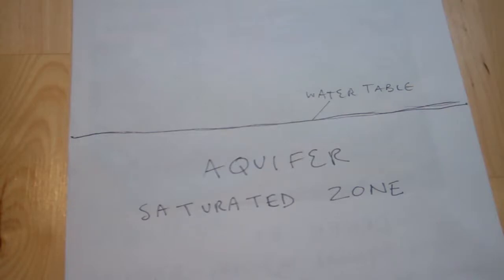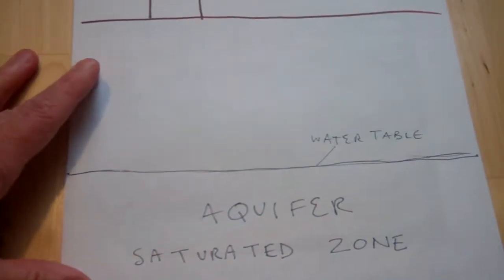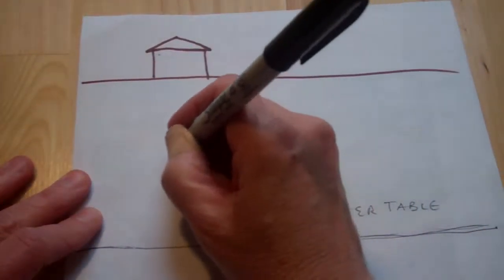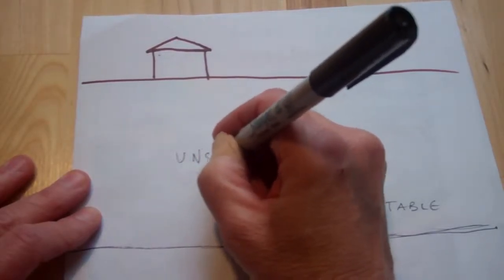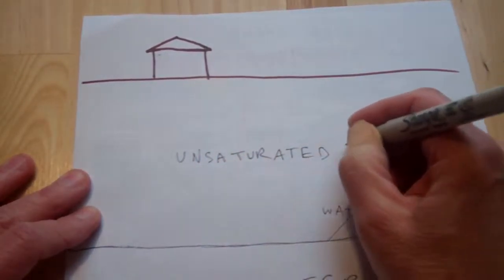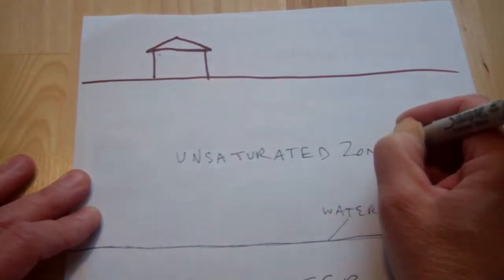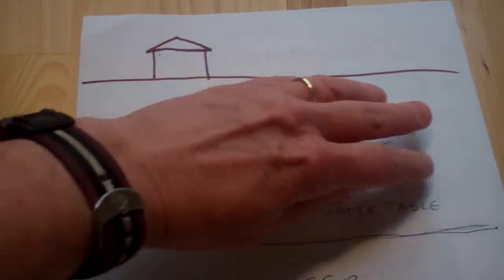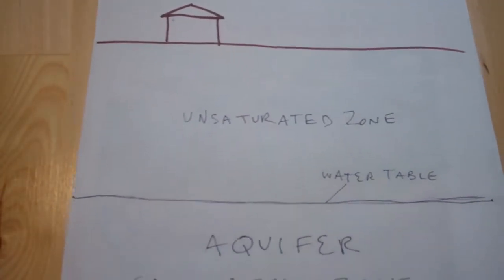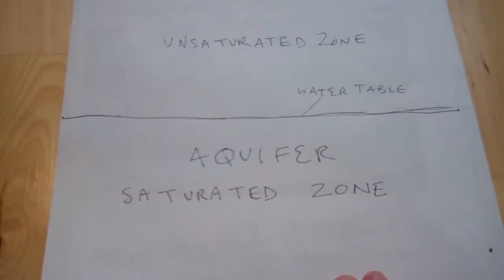And everything above that layer does not have water in its pores, and so we call that layer the unsaturated zone. All right, so the pores up here are basically filled with air, and the pores down here are basically filled with water.